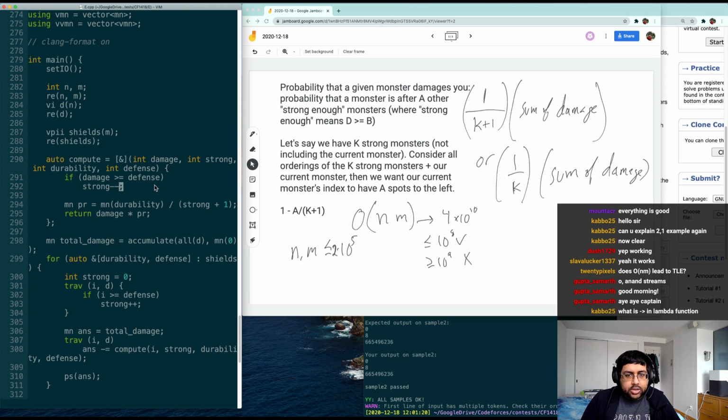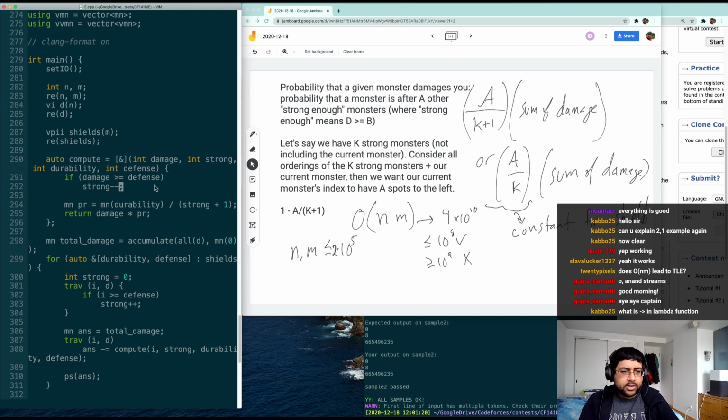Oh, I actually forgot this. It shouldn't be 1, this should be a. But the key point is that this a over k plus 1, or this a over k thing, is constant for a given shield. So we can factor it out.